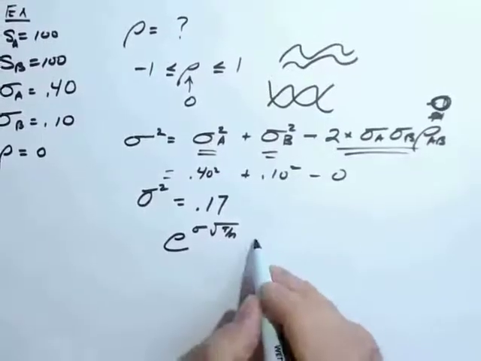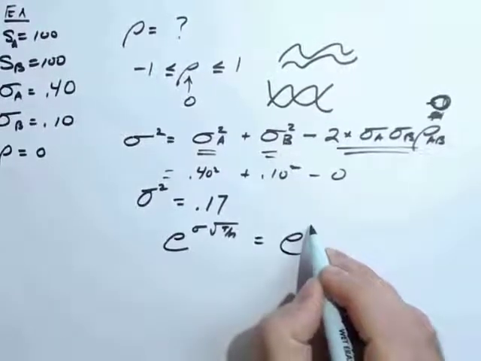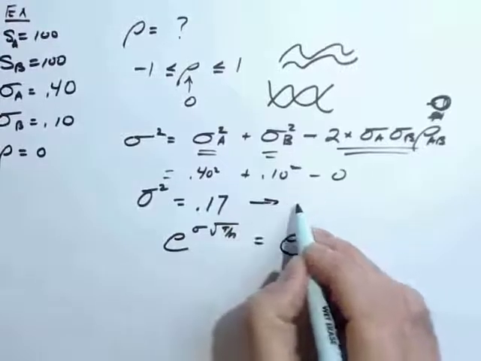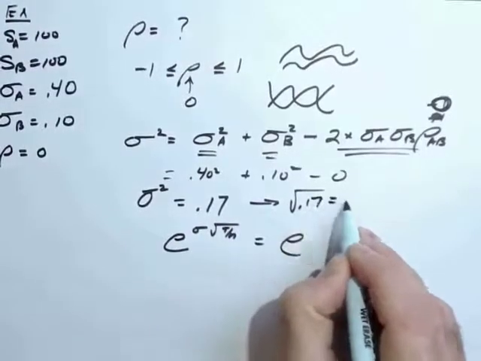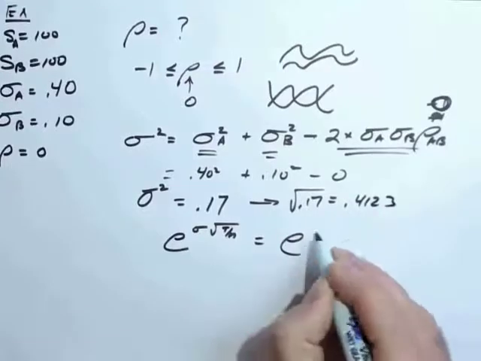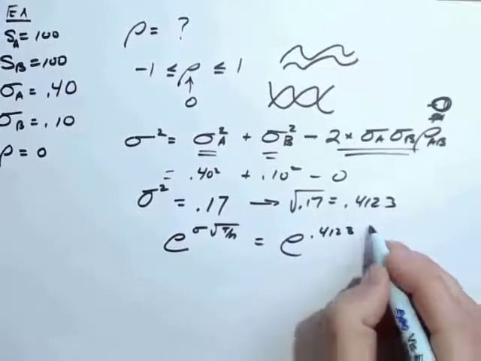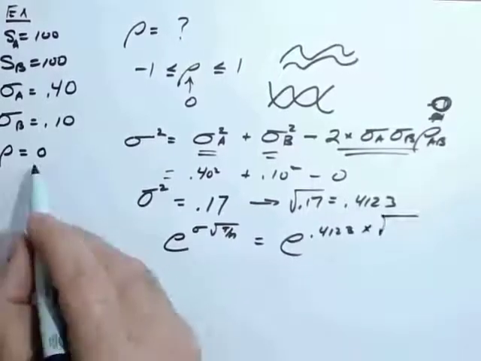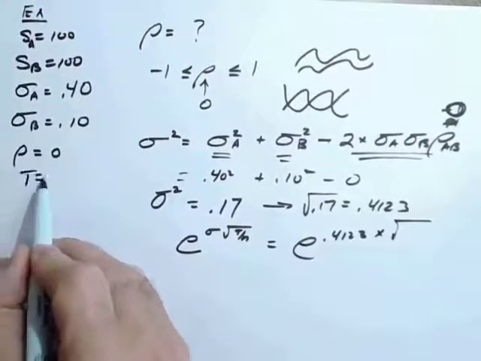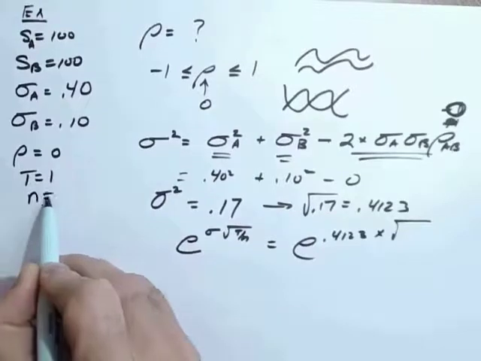In this case, we calculate sigma as the square root of 0.17, which is 0.4123, times the square root of 1 over 2, since T equals 1 and N equals 2 steps.